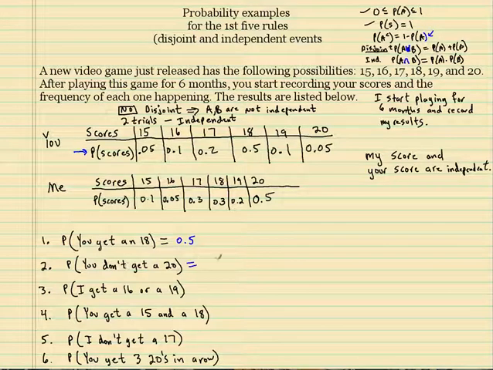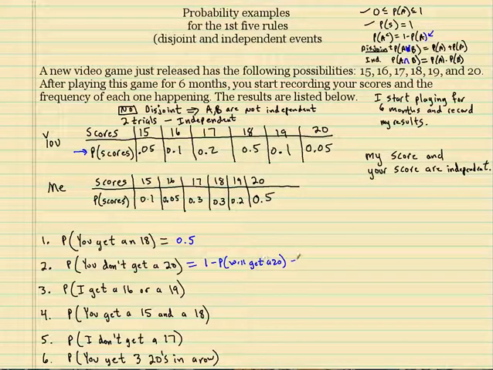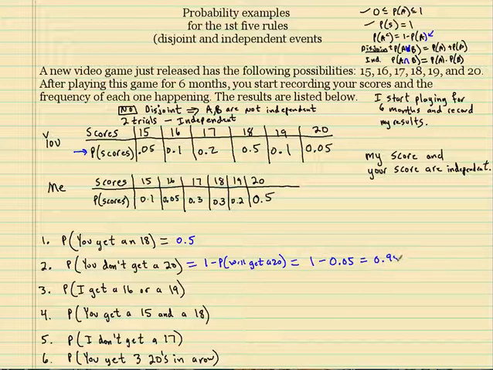That's 1 minus the probability that you will get a 20. The probability something doesn't happen is 1 minus the probability that it will happen. So it's 1 minus 0.05, which is 0.95.